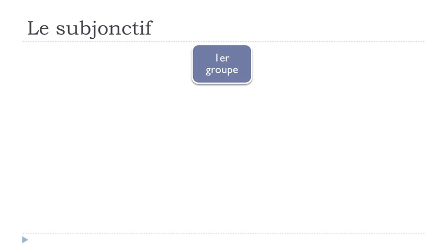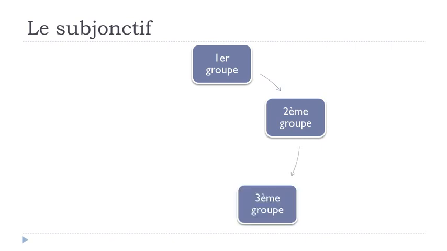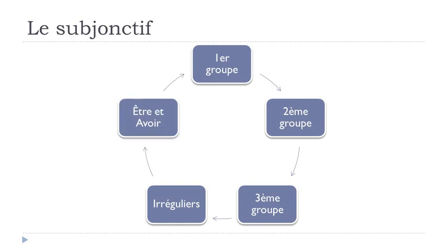So regular verbs ending with er. After that, we'll see the second group, regular verbs ending with ir. Remember, not all the ir verbs, but still. After that, we'll see verbs from the third group. After that, we'll see irregular verbs. And then finally, we'll finish with être and avoir.